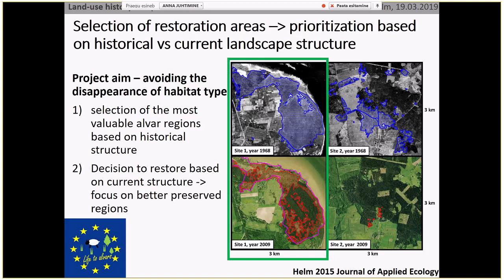And in the second order, we would focus on those that have historically been big, but have very little left nowadays, when we are more experienced and when we can start focusing also on saving the particular aspects of this biodiversity. So this is the reason. Site 1 was selected because it also has currently some remnants of this habitat type left.